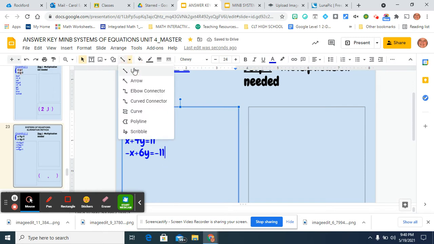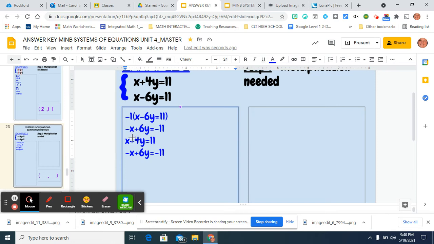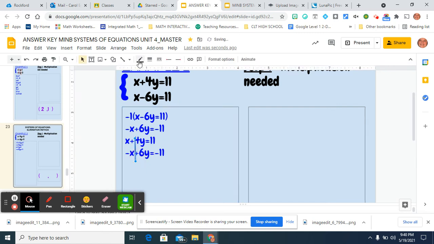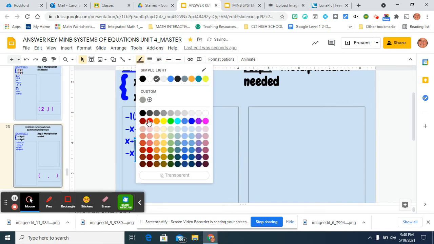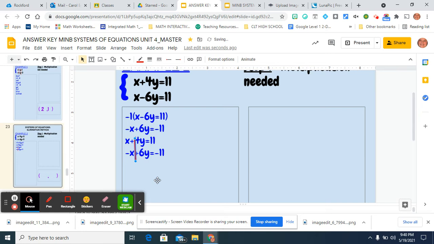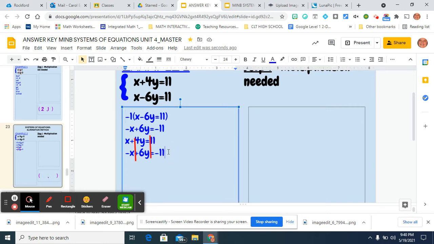So if I go ahead and put in some lines, I'm looking at this vertically. So x plus negative x is going to eliminate that variable.